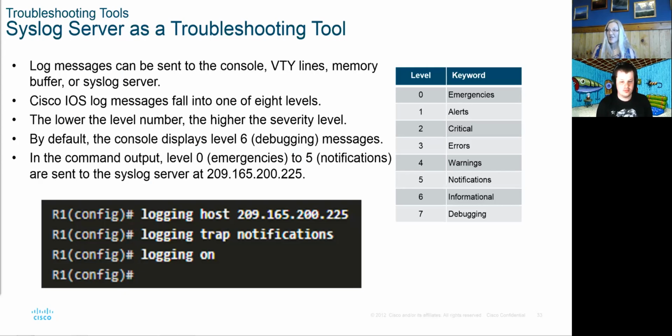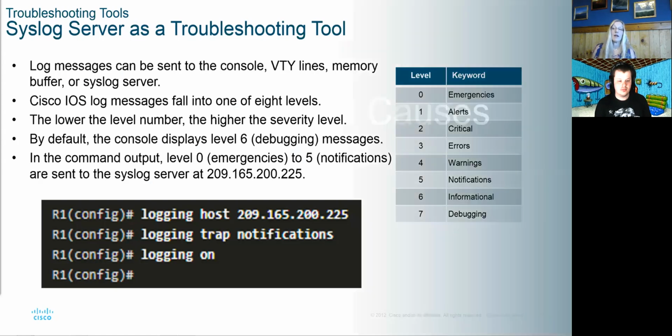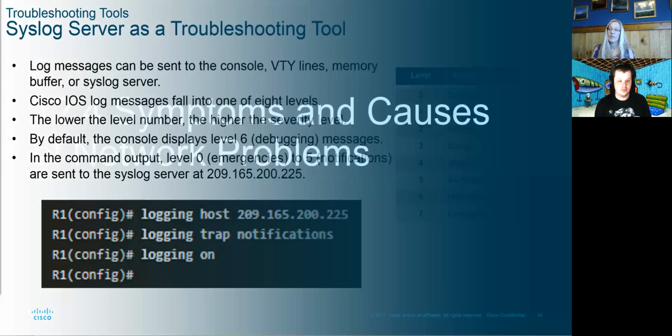We don't want notifications. We may not even want warnings, but we're going to want errors, critical, and alerts. Alerts and emergencies, your phone's going to ring probably. So if you can catch something, if it's a warning or an error, perhaps you can fix the problem before it gets out of hand and becomes something terrible.